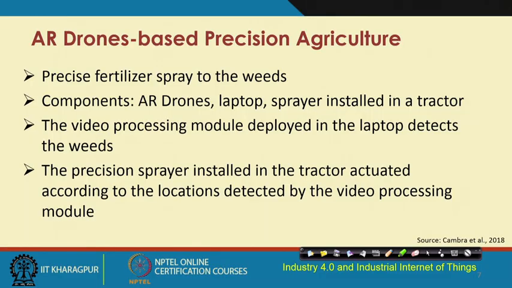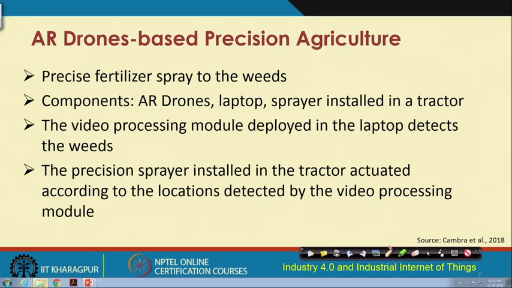So, this is a very important and challenging problem as well. Complex event processing mechanisms will have to be implemented if you want to address this kind of problem. In this particular solution they are talking about the use of air drones, laptops, a sprayer installed in the tractor, and video processing modules.